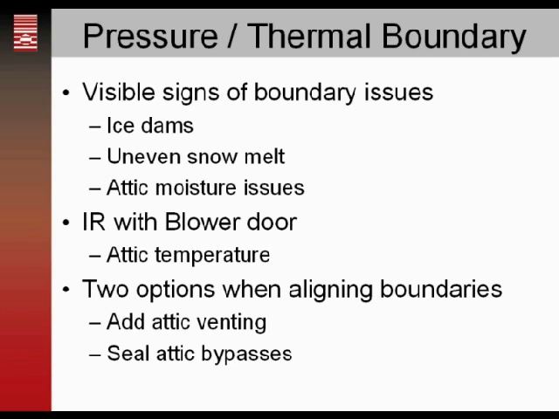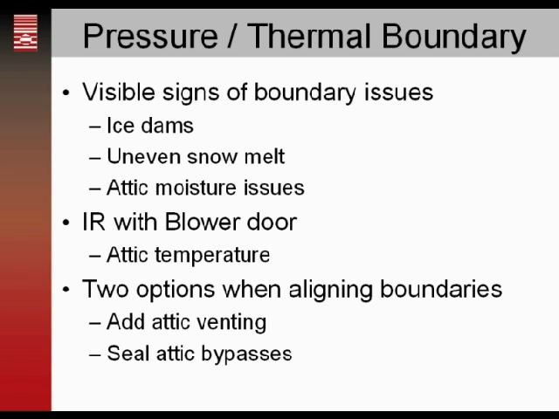But oftentimes in parts of the country and most of the time of the year, you don't see those pressure boundary issues when the thermal boundary and pressure boundary aren't lining up. But there are ways that you can measure that. And that's where zone pressure diagnostics comes in. It gives you an idea if the pressure boundaries and thermal boundaries are lining up in the right location.